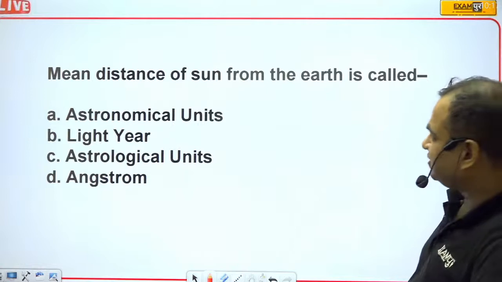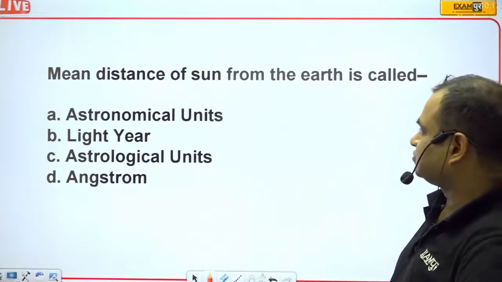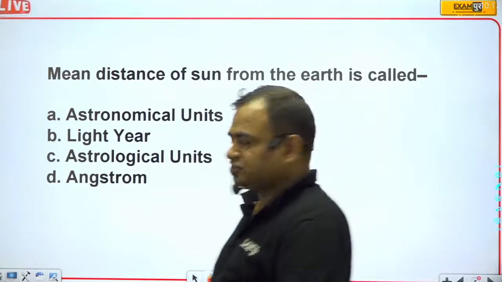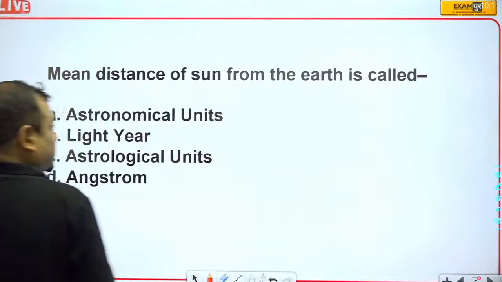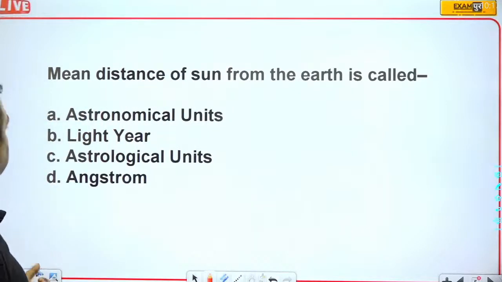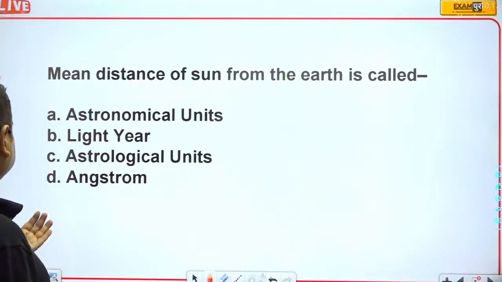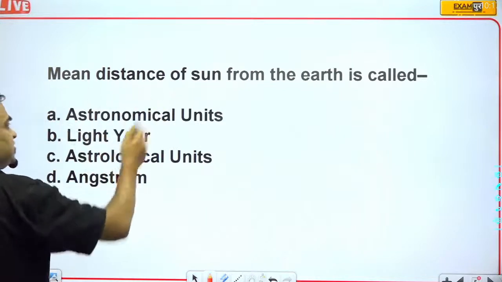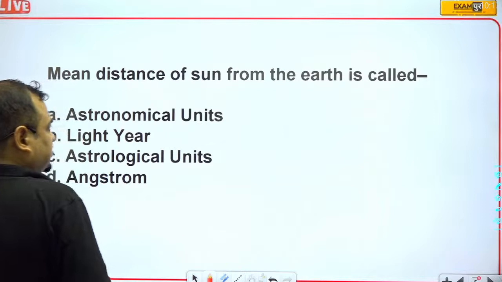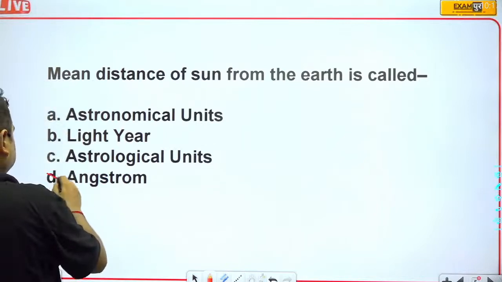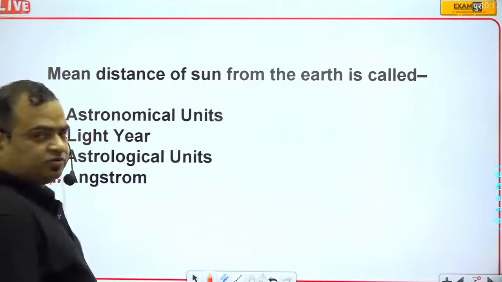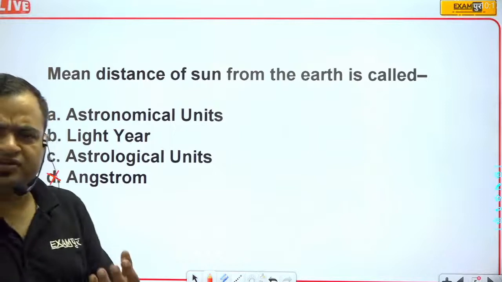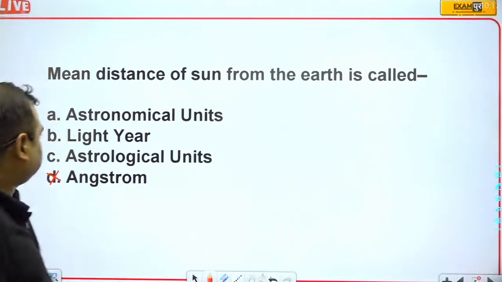Now, the mean distance of the sun from the earth is called: astronomical units, light year, astrological units, or angstrom? Obviously the mean distance of the sun is measured in terms of one of these. Angstrom is a wrong answer, because angstrom is a very small unit of length.